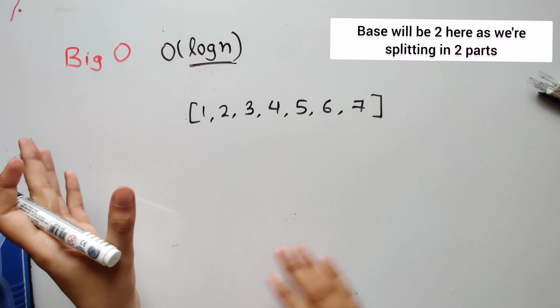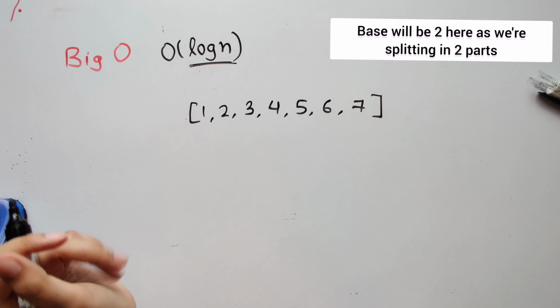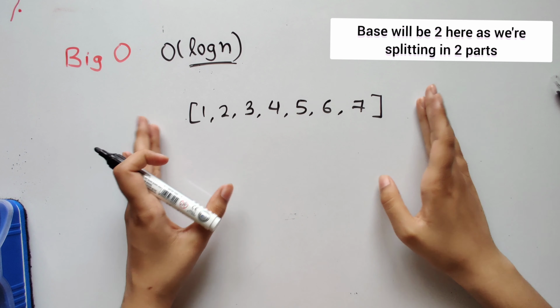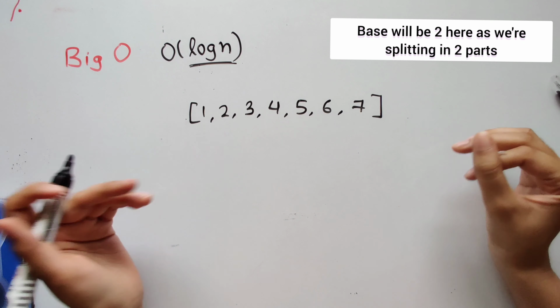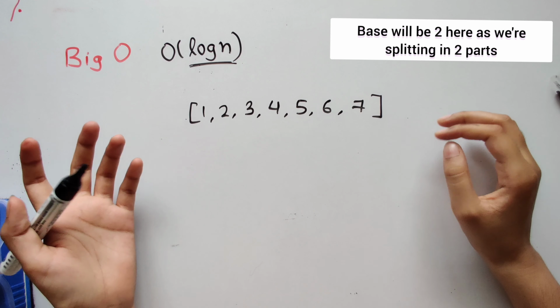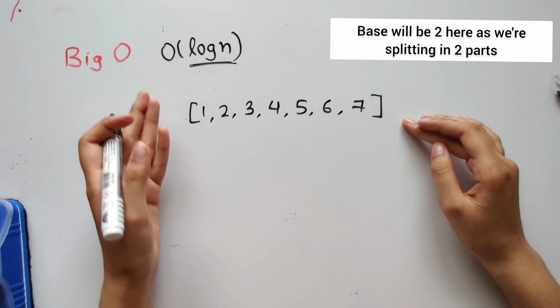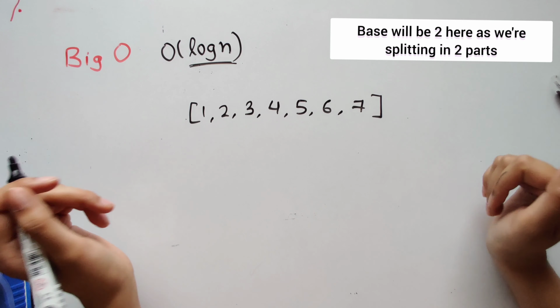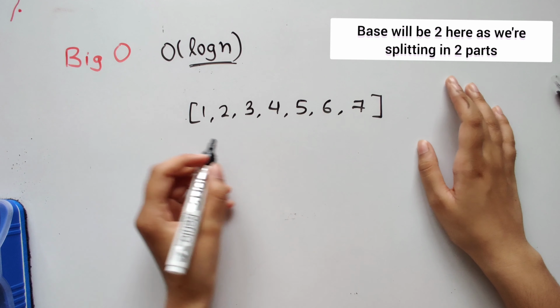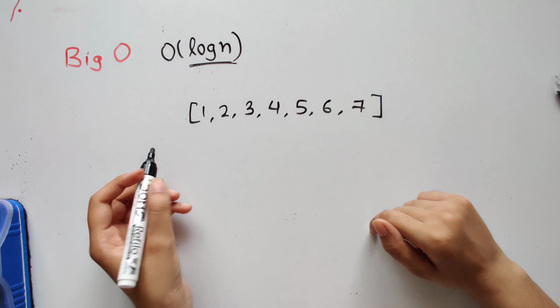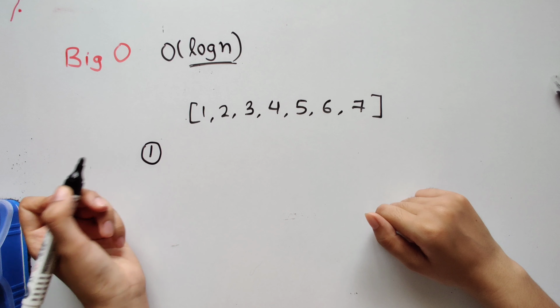Let's try to put the analogy that we just learned into code. Let's take binary search for example. We might have heard that the time complexity of a binary search algorithm is O of log n. Let's understand why it is O of log n. What do we do in a binary search? Let's say the element to search is 1.